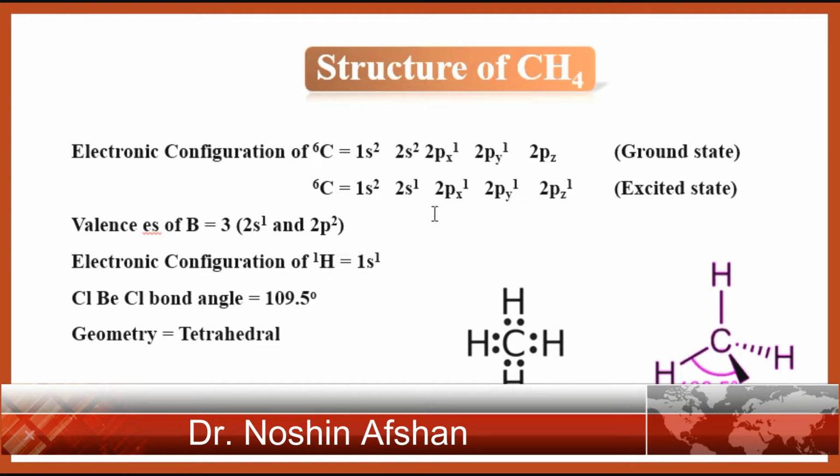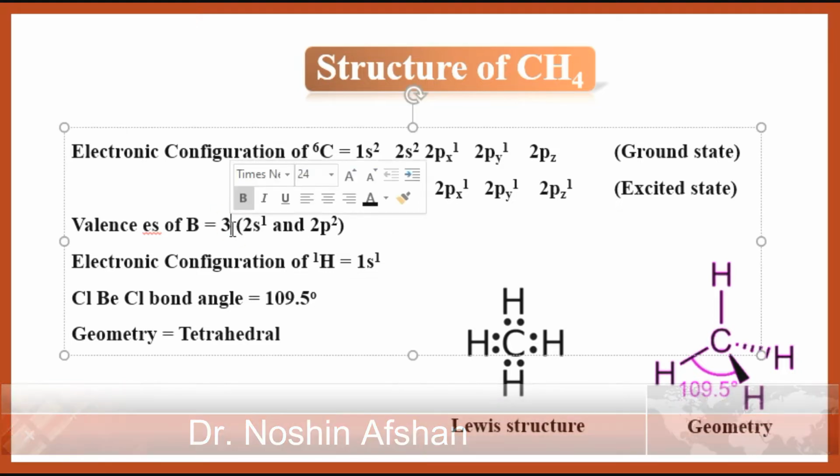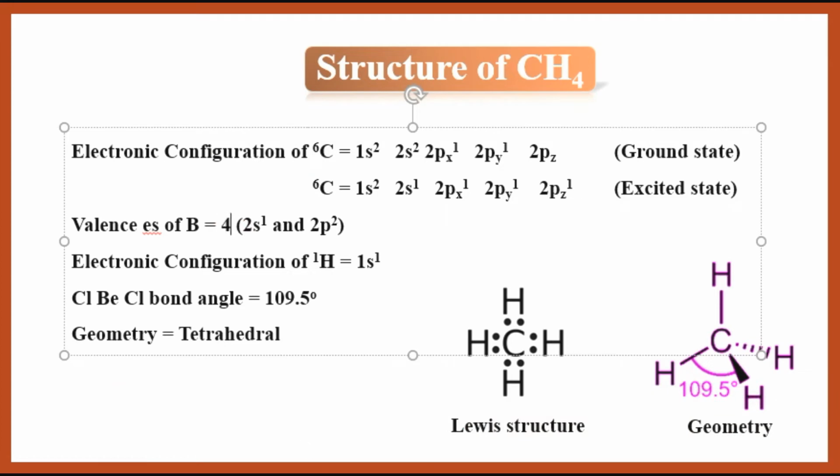That means this second shell, acting as a valence shell, has 4 valence electrons, because one electron resides in the 2s orbital and 3 electrons reside in 2p orbitals.